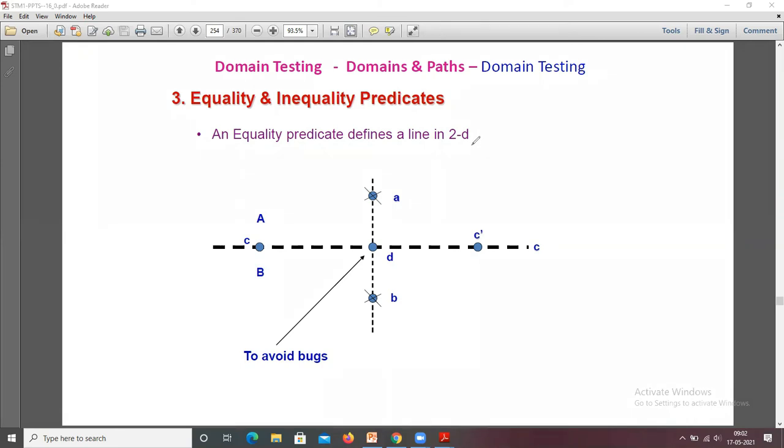Every predicate, for example x plus y equals 17, defines lower-dimensional domains. If there are two input variables, a two-dimensional space, an equality predicate defines a line, a one-dimensional domain. Similarly, an equality predicate in three dimensions defines a planar domain.